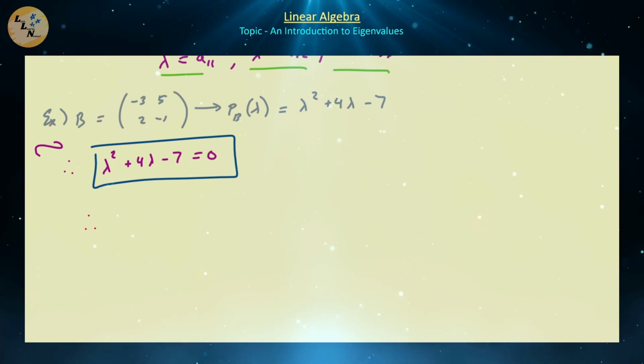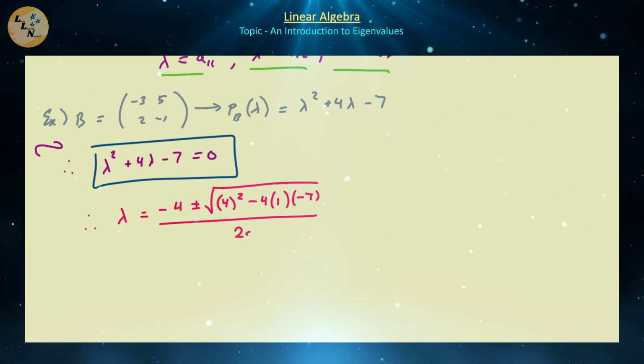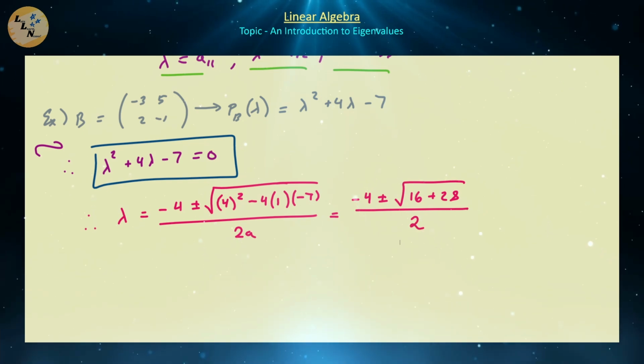If we go ahead and do that, we have that lambda is equal to negative b plus or minus the square root of b squared minus 4ac, all over 2a. That's the quadratic formula. So that's going to be equal to negative 4 plus or minus the square root of 16 minus 4 times 1 times minus 7, that's going to be positive 28, all over 2.